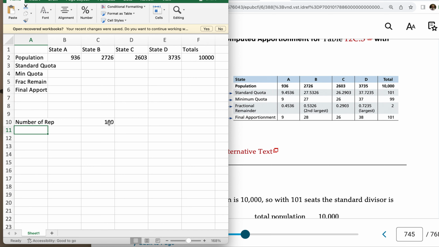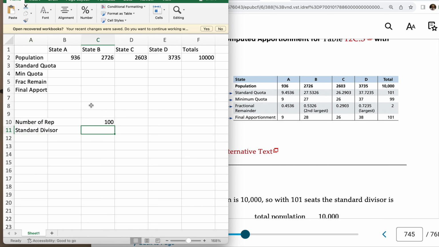And then we would take the number of representatives and divide that into how many people there are so that I know the number of people one representative represents. And that's called the standard divisor.